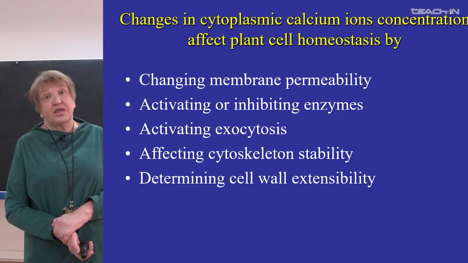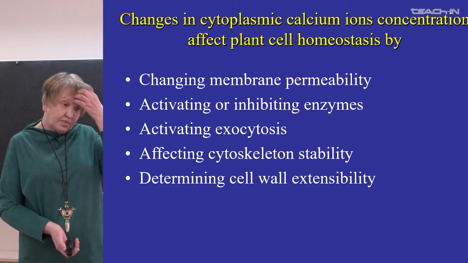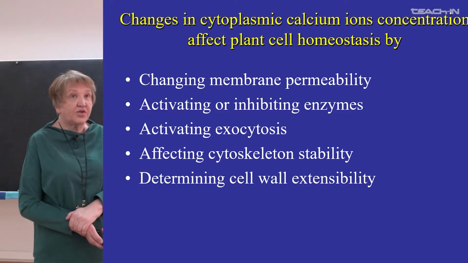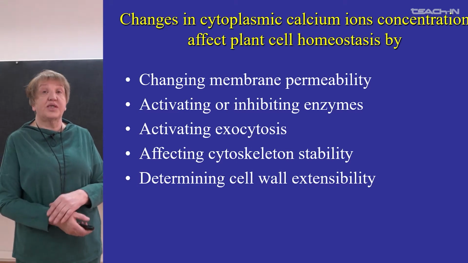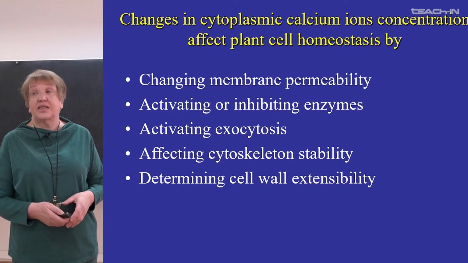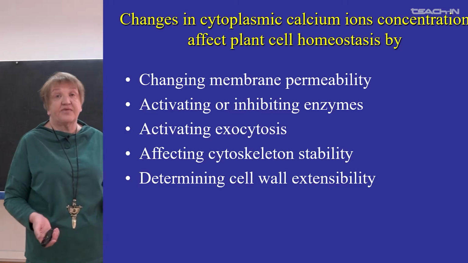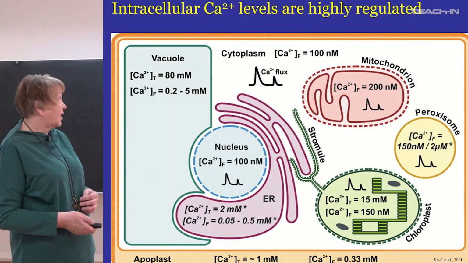Also, it works in apoplasts, so depending on the concentration of calcium, wall extensibility changes. So changes in calcium concentration both in cytoplasm and in apoplast can affect cell homeostasis in many ways.